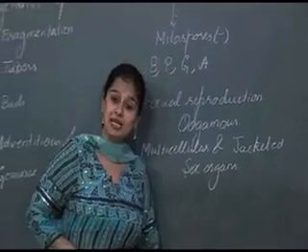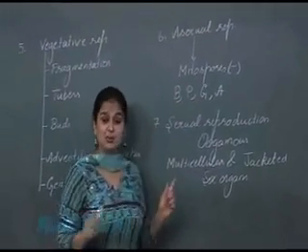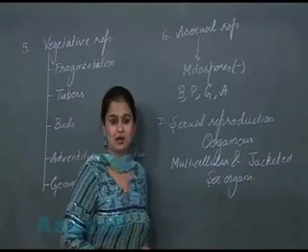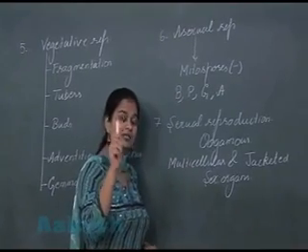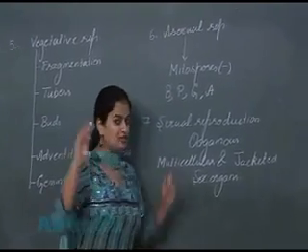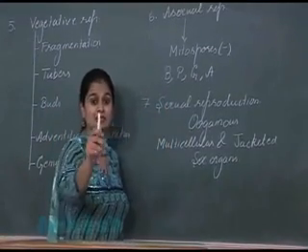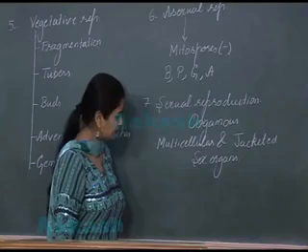Earlier we studied in the algae that there is presence of unicellular non-jacketed sex organs, but only one exception is there in the algae where multicellular and jacketed sex organs are present, that is Chara, right?